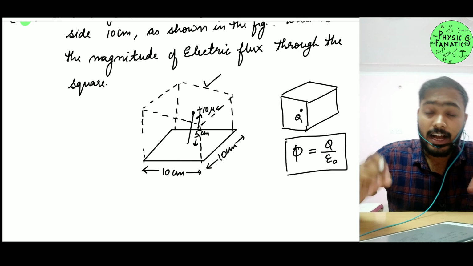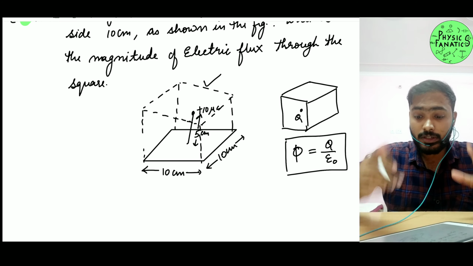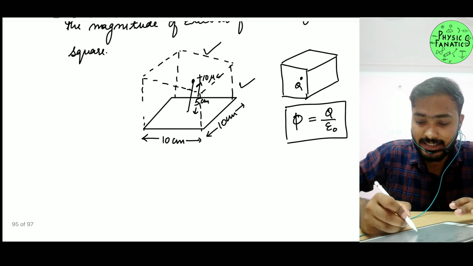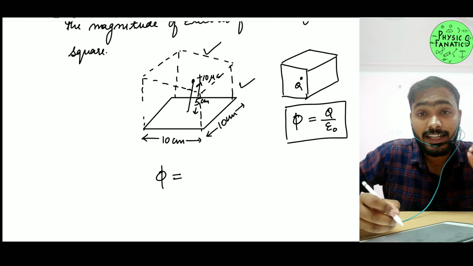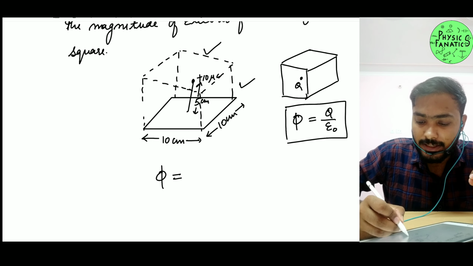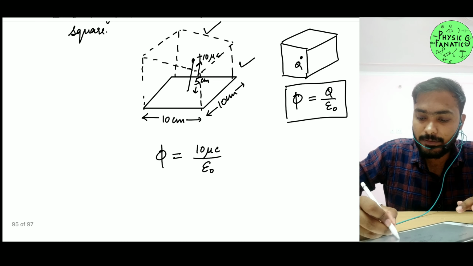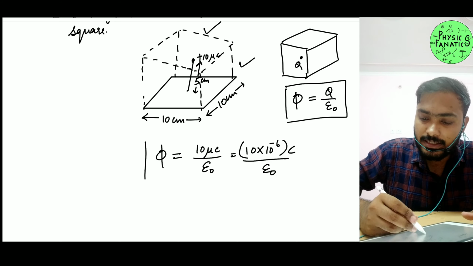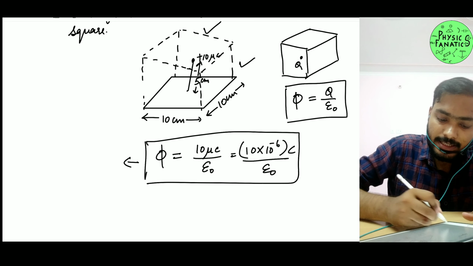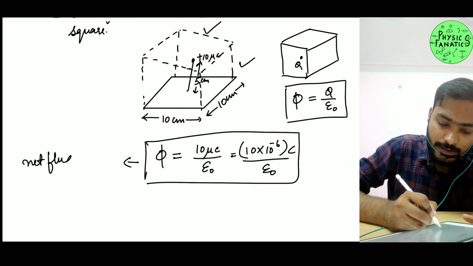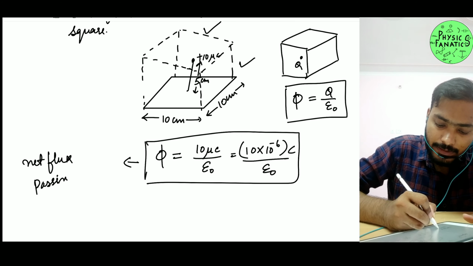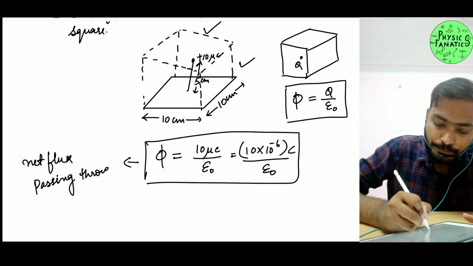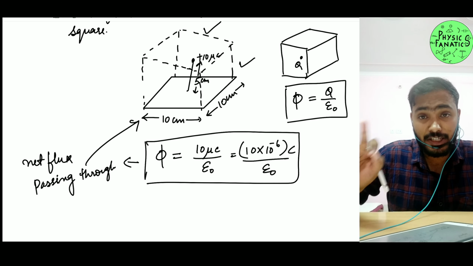So I can very nicely say the net flux that is passing through this cube will be simply given as phi equals the net charge, that is your 10 microcoulomb, divided by epsilon naught, or I can write it here, 10 into 10 to the power minus 6 coulomb upon epsilon naught. This is your net flux passing through this cube. Yes or no?